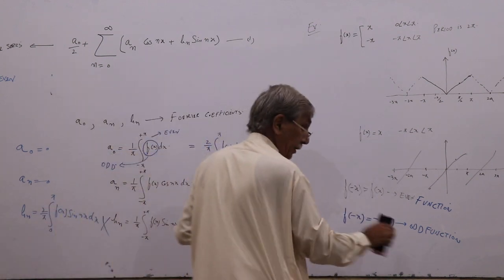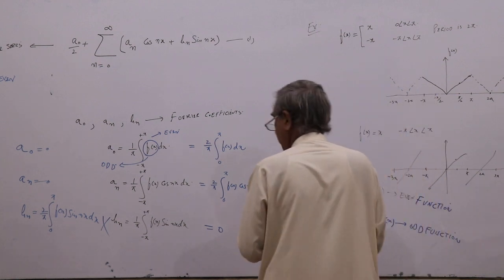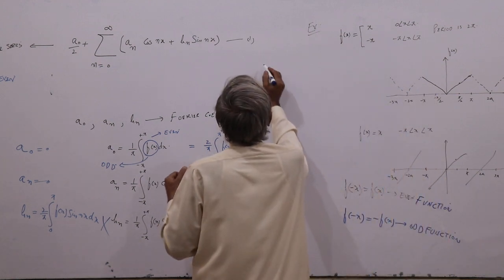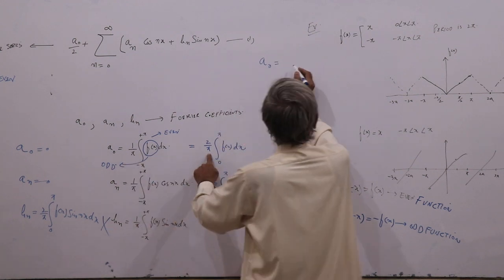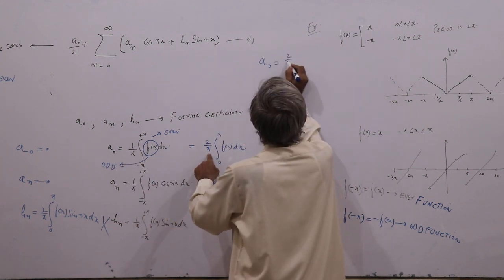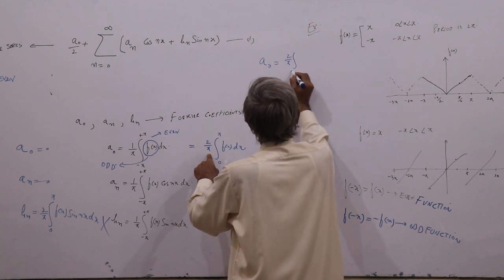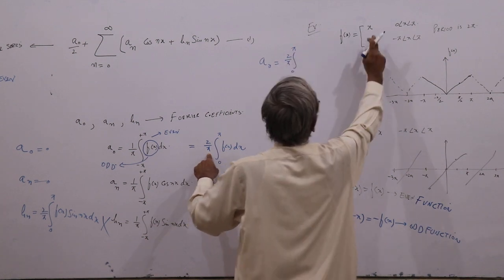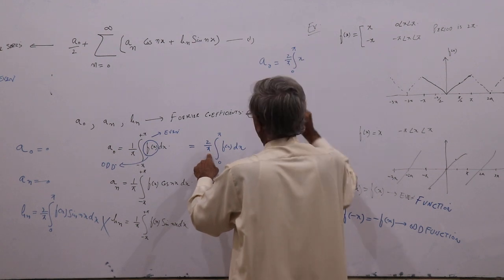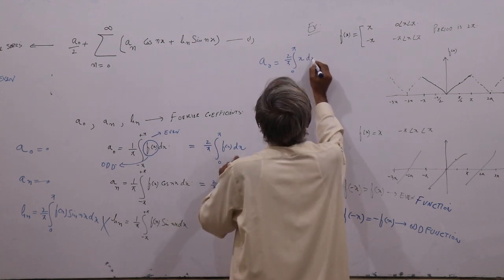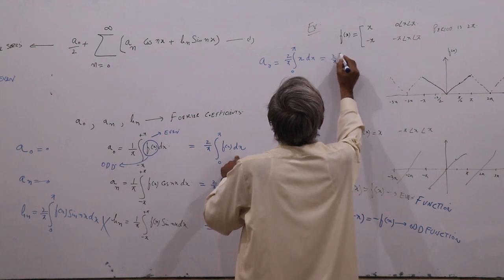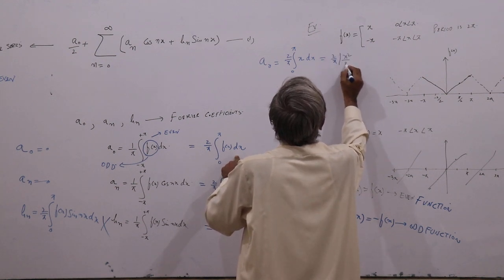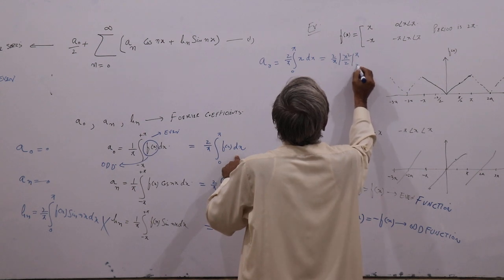Now how will we do it? A naught is equal to, because it is an even function, 2 over pi integral 0 to pi, what is your f(x)? x dx. The 2 over pi is outside, the integral is x square over 2 from 0 to pi.